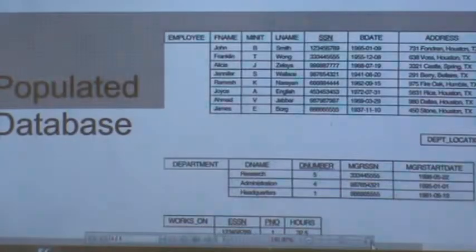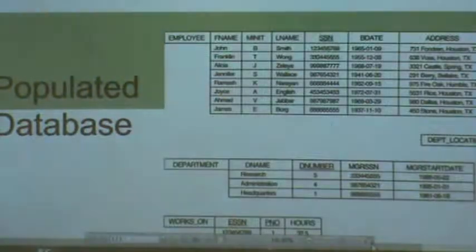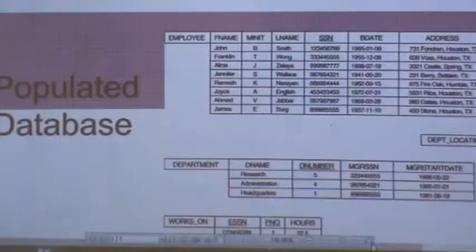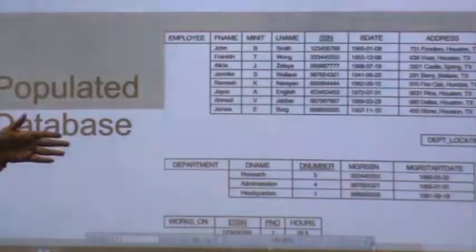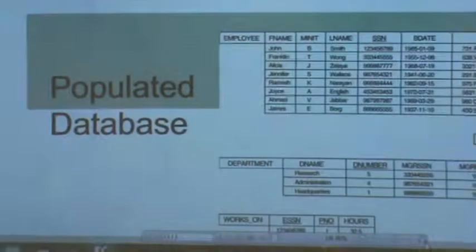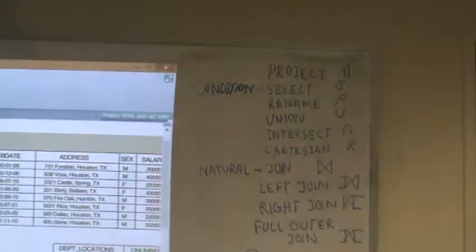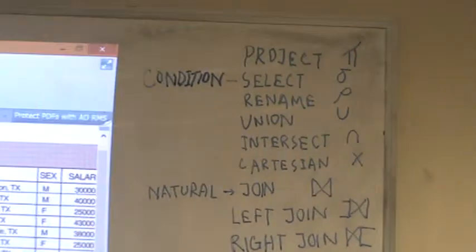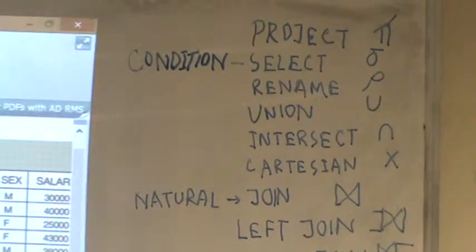Because today we'll try to learn relational algebra, which needs basically the effect of data or change of data. So whatever we do in the calculus needs a certain change, and that change we'll realize if there is data in the table. So we'll look into this design many times today.